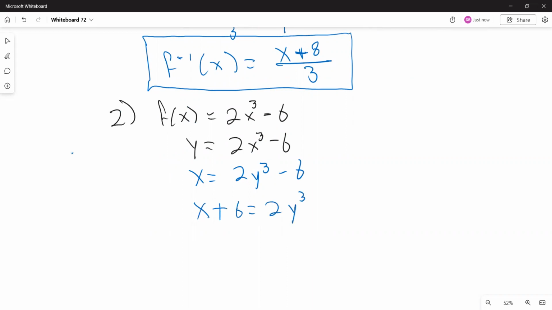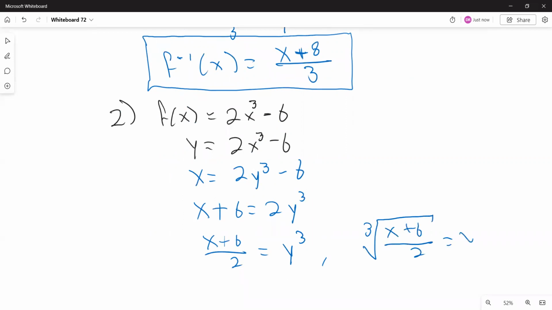Divide both sides by 2, or bring the 2 to the left side dividing. And then take the cube root. The cube root of x plus 6 over 2 is equal to y.